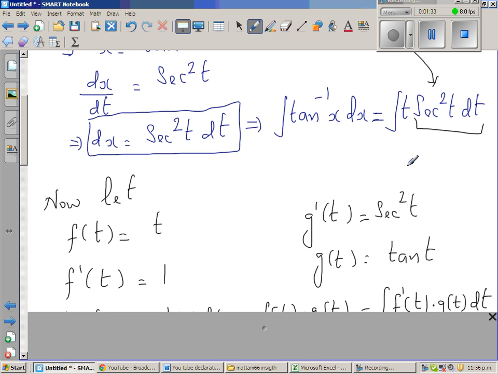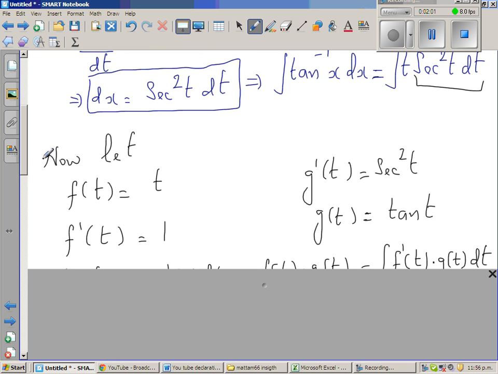In integration by parts, you have two functions, where one you take as f of t, and the second as g prime of t, which is sec squared t. Here we are integrating and here we are differentiating. When you differentiate t with respect to t, you get 1, and the integration of sec squared is tan t, because the differentiation of tan is sec squared, so they are opposite of each other.